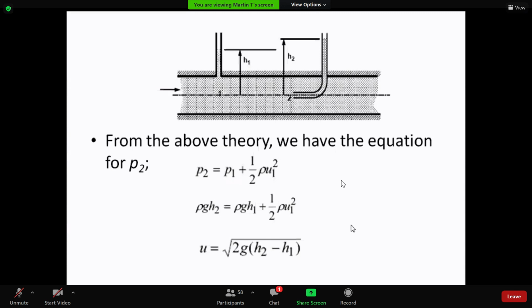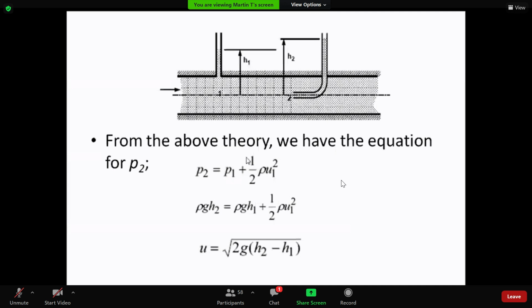So at point number 2, the pressure is H2 rho g, and at point 1 it is H1 rho g. If you substitute in our equation, P2 is equal to P1 plus a half rho U1 squared, then eventually we get velocity is equal to root 2g into (H2 minus H1).